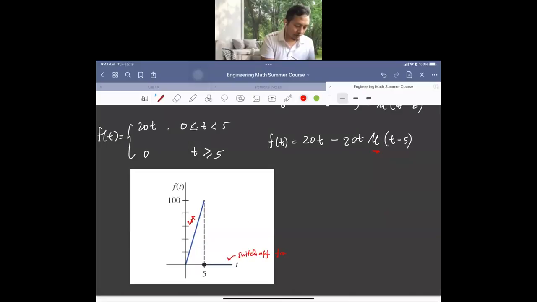So that's how the Heaviside function becomes useful, because it can zero the value and switch off the graph.